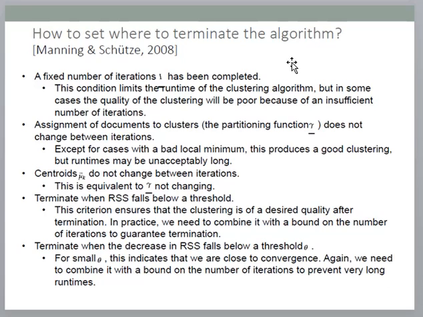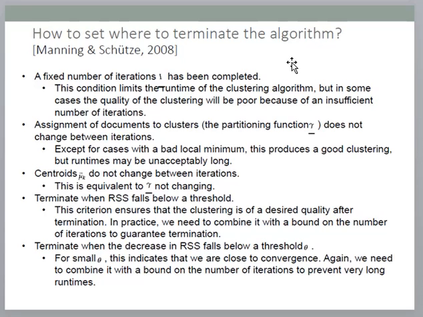So the biggest problem with this terminating criterion is that we don't know whether the value which we selected for the maximum number of iterations is optimal or not. For example, if I choose 10 as the maximum number of iterations in my algorithm, I am not sure that after the 10 iterations my algorithm will reach convergence, right?